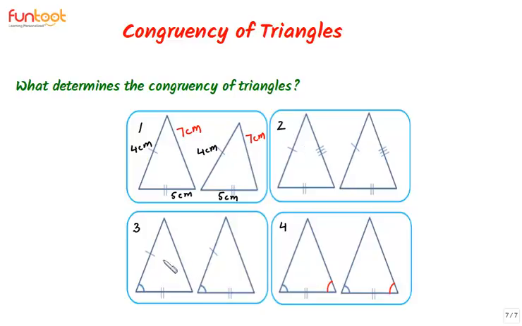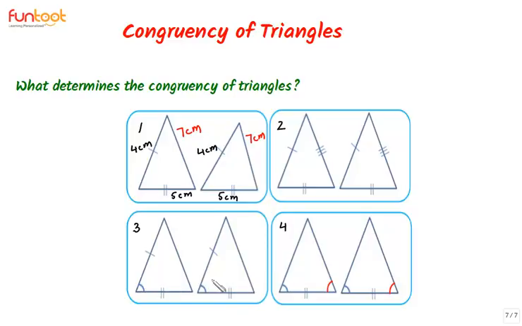Let's take the third case. In third case, 2 corresponding sides are equal and the included angle is also equal. So that means this side is equal to this side, and this side is equal to this side, and this included angle is equal to this included angle.